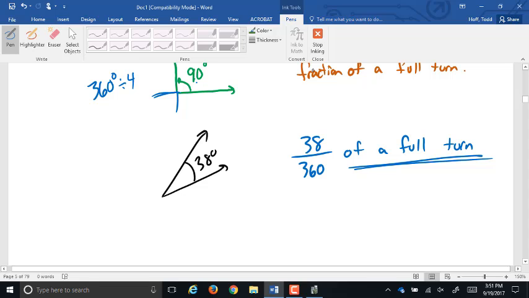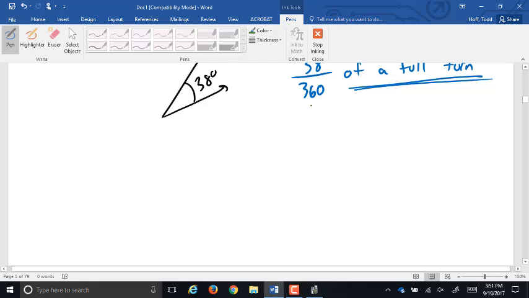Okay. So now we're going to look at some relationships with our angles. Let's say we have an angle, so two rays have that common vertex. But now we're going to have a third ray from that same vertex.